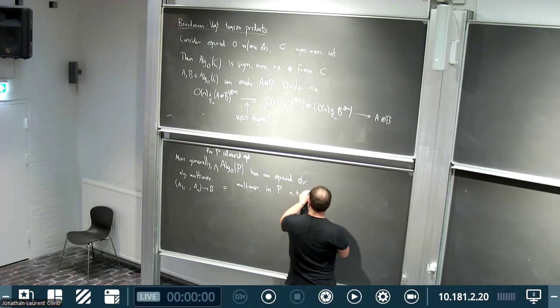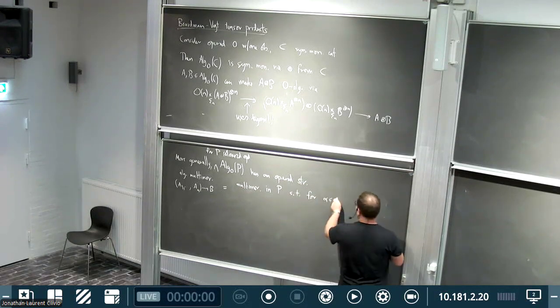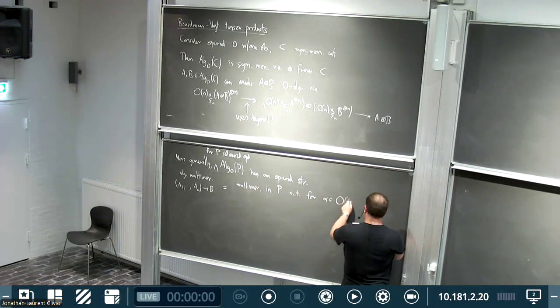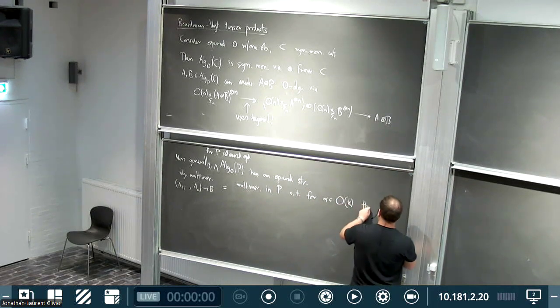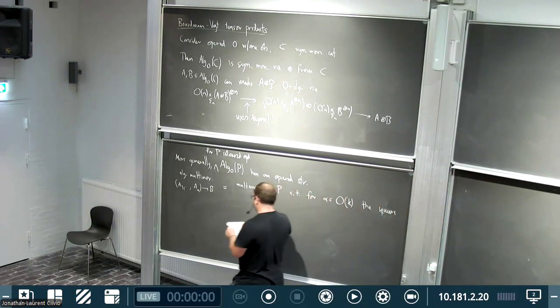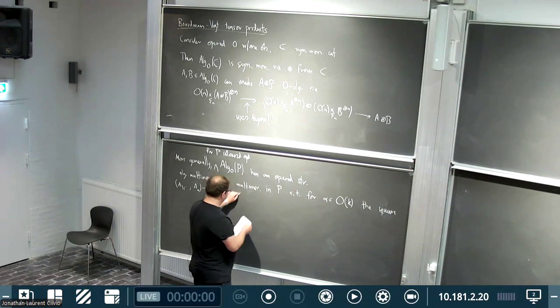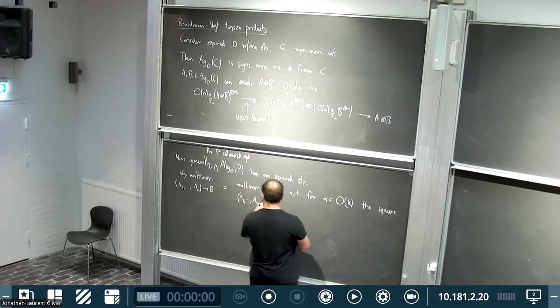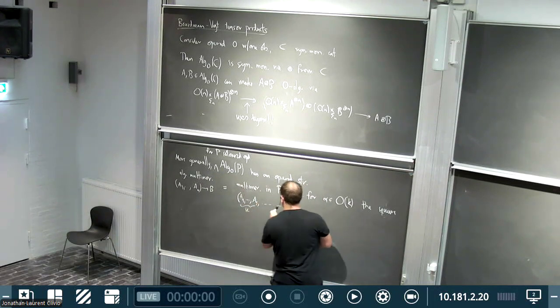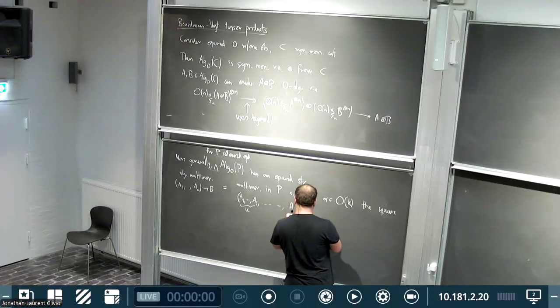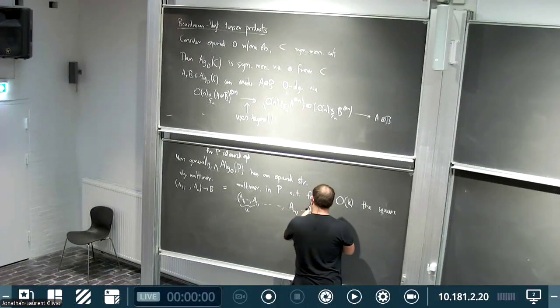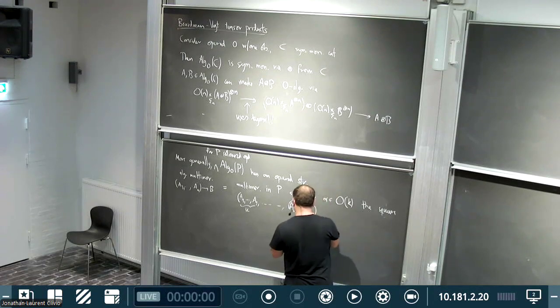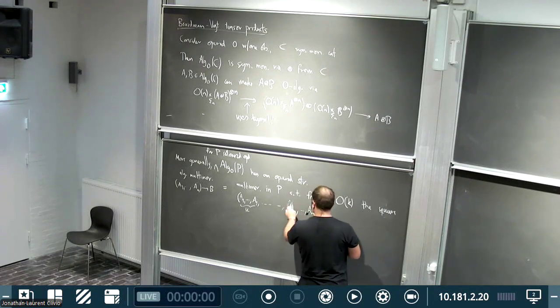Such that I have an equation, say alpha in O, so that the following square commutes. So I have n copies of the first algebra and so on, up to the nth algebra.